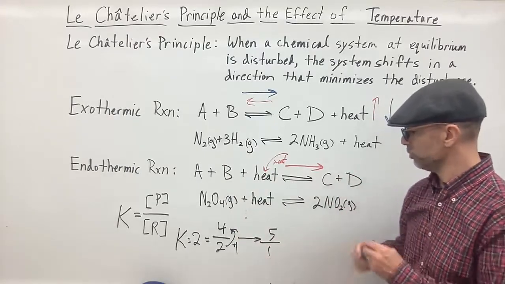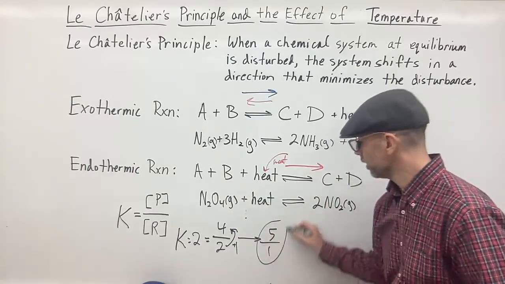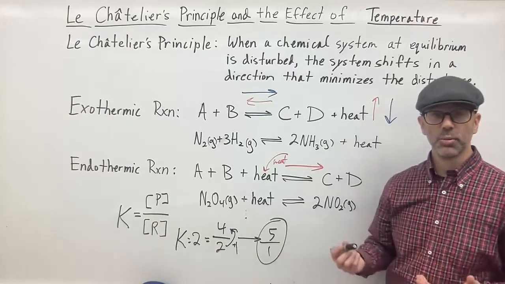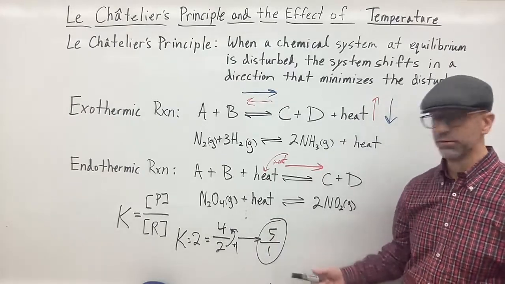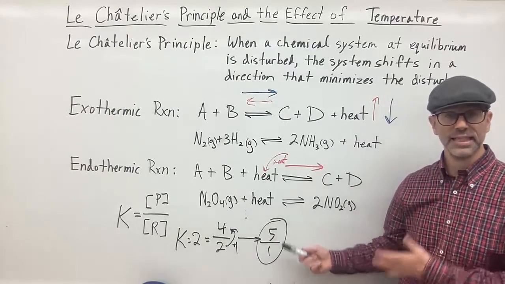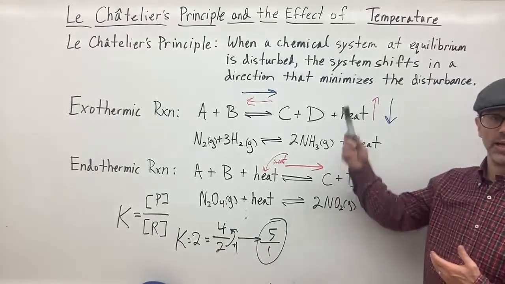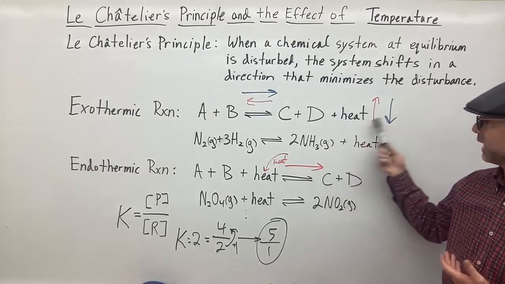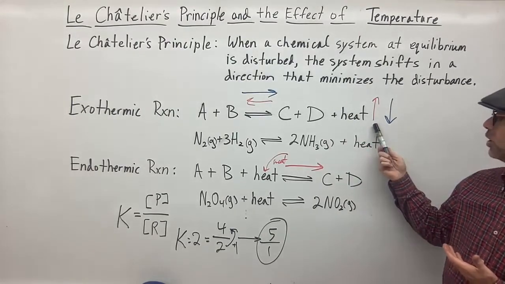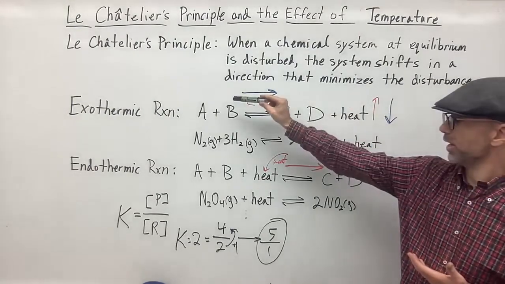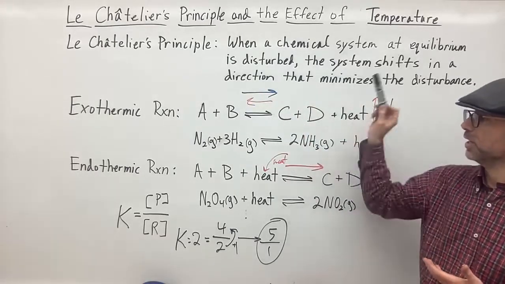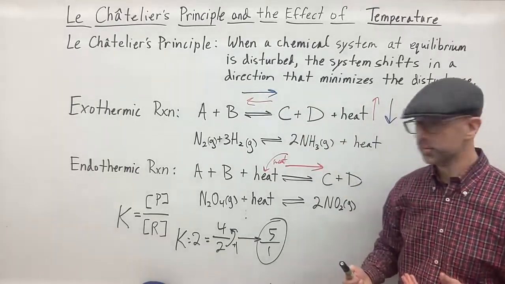Once it reaches equilibrium, again, the equilibrium constant has changed. It's now 5. The equilibrium constant has increased in this case rather than decreasing. So for an exothermic reaction, increasing the temperature caused the reaction to shift this way and therefore decrease the equilibrium constant.